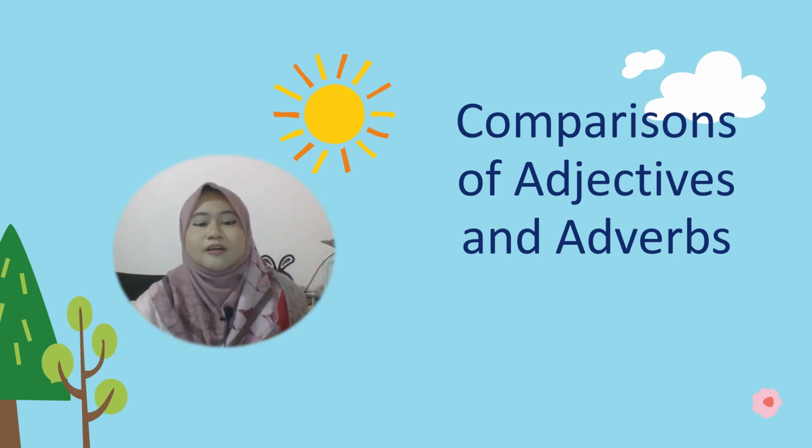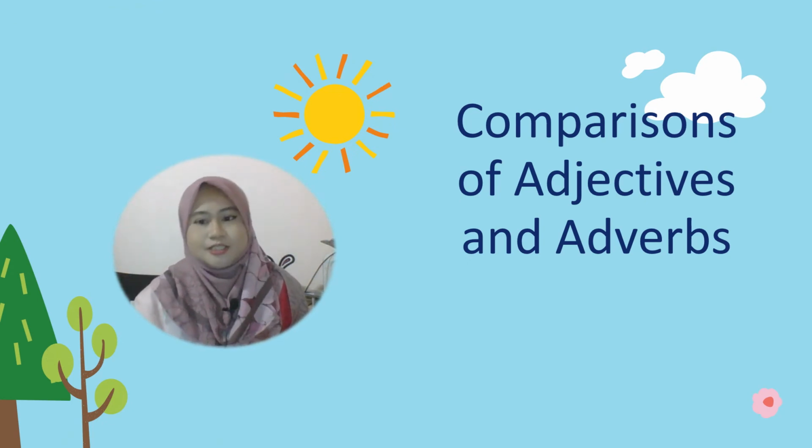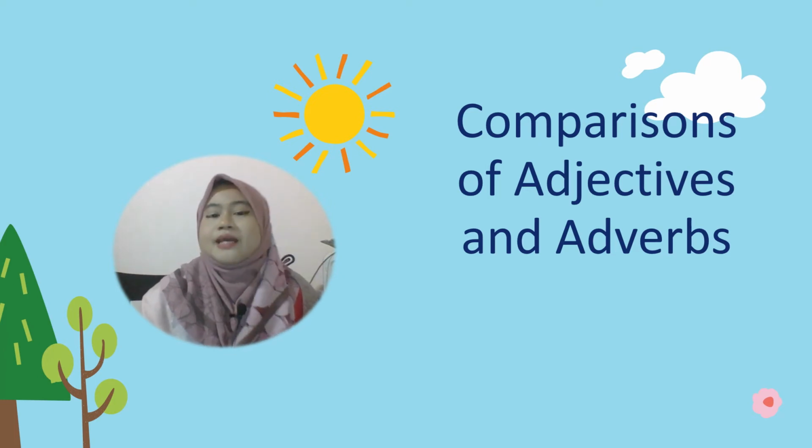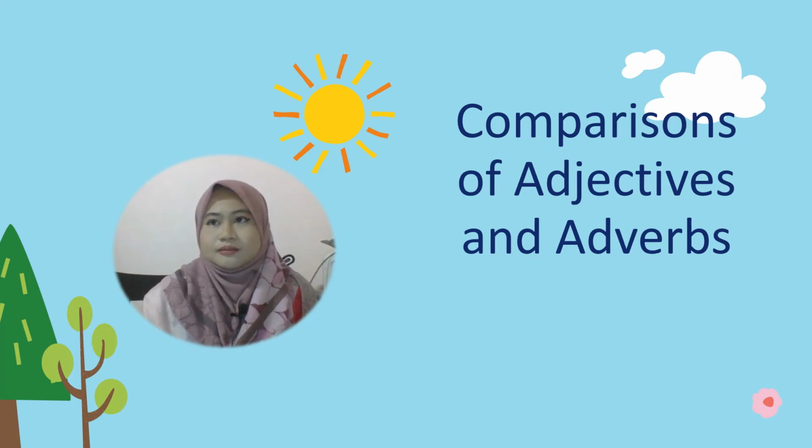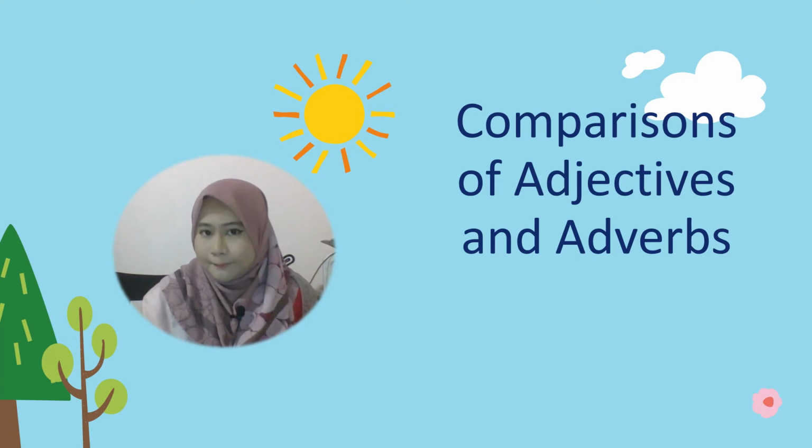Okay. Moving on to our next topic, which is comparisons of adjective and adverb. As you all know, an adjective is a word to describe a noun, whereas an adverb is a word to describe a verb.